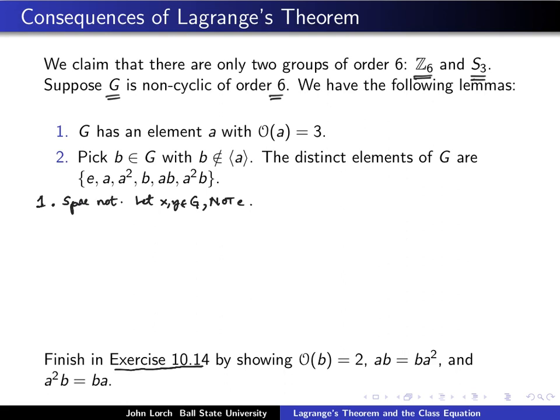That's telling us that every element of G would have order 2. Now you might remember from section 3, in the homework, there was an exercise that shows that any group where every element is of order 2 must be abelian. So this group must be abelian, and that's going to help us fill out a table like this.